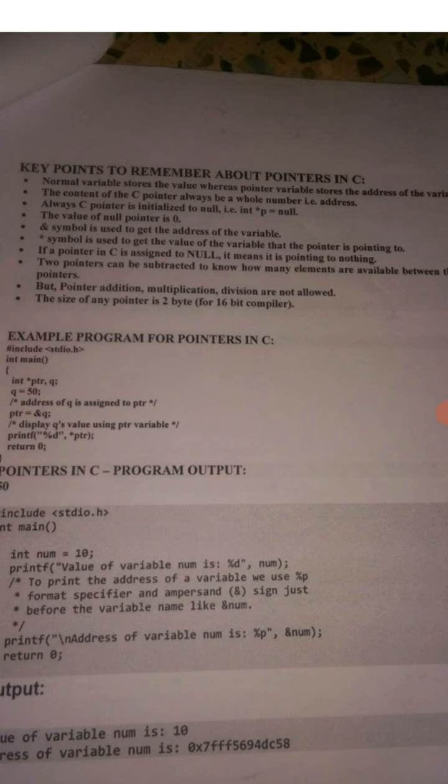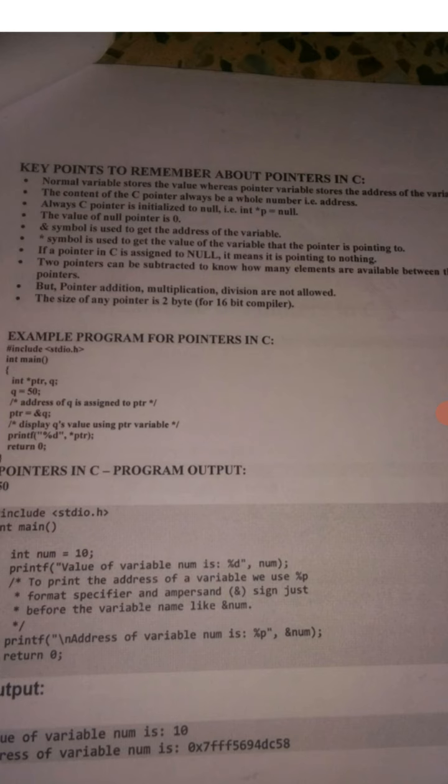Next, the & symbol is used to get the address of the variable. The * symbol is used to get the value of the variable that the pointer is pointing to.